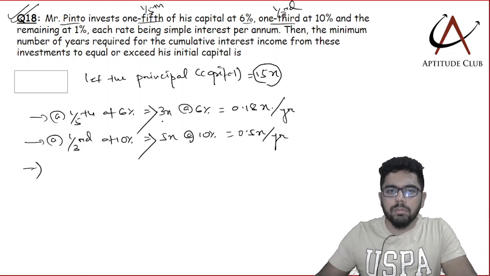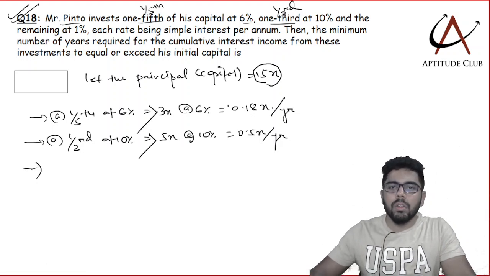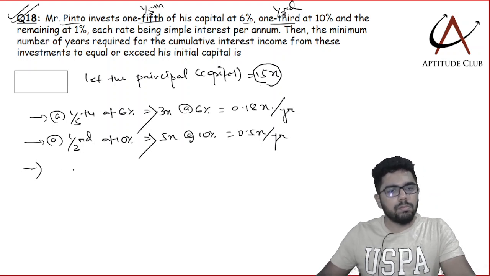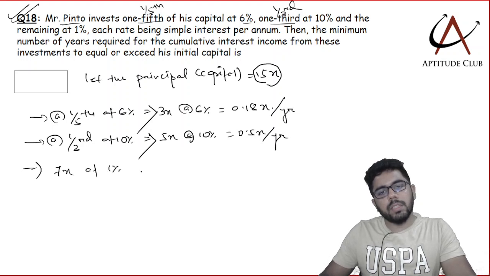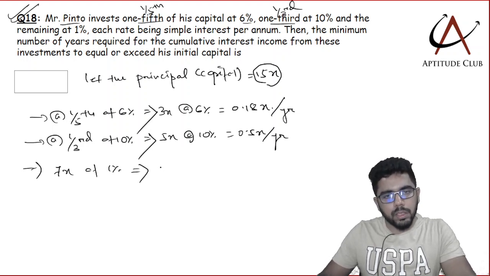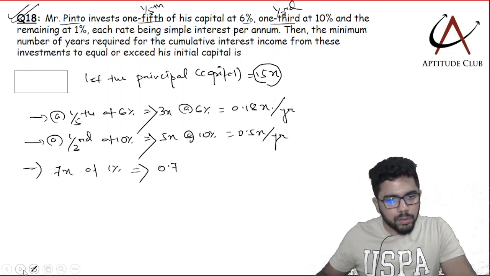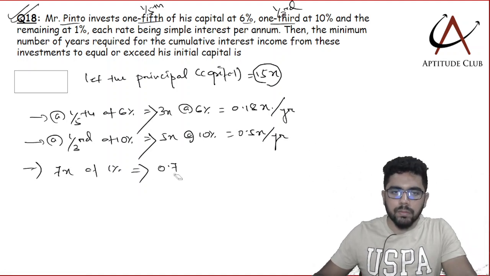And then the remaining: 3x and 5x, so 8x is gone. Total principal is 15x, so remaining is 7x. I'm investing 7x at only 1%, so this is 0.07x per year.